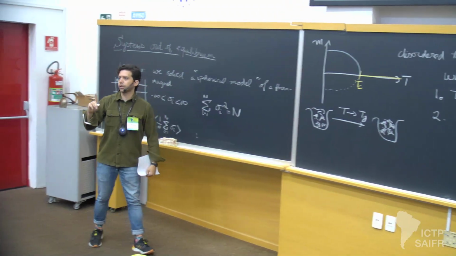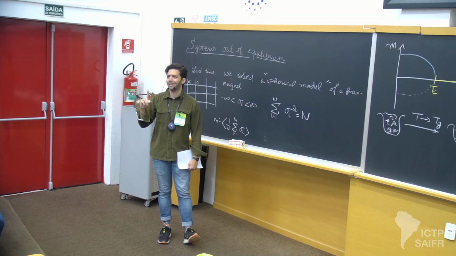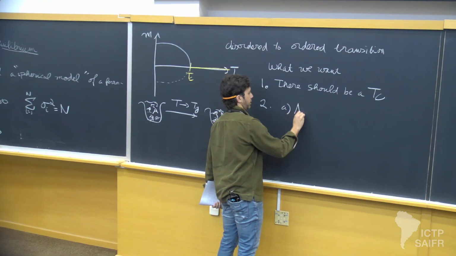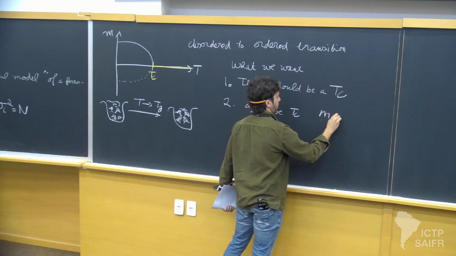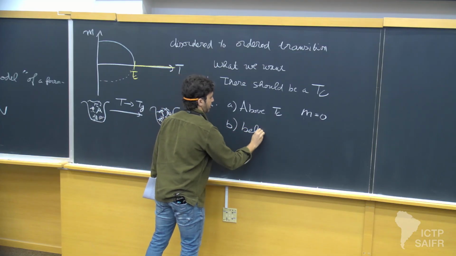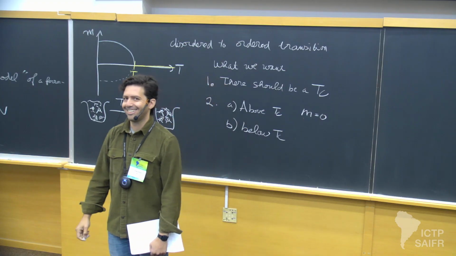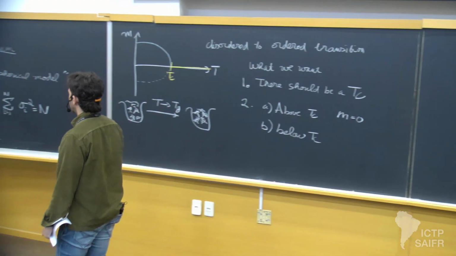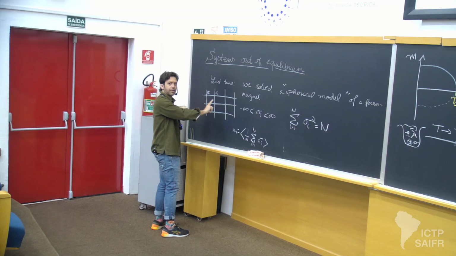So above the critical temperature, what should the average magnetization be? See if you're awake. 0. Very good. So above TC, what about below TC? Remember, the magnetization is the average direction of the spin across the lattice.